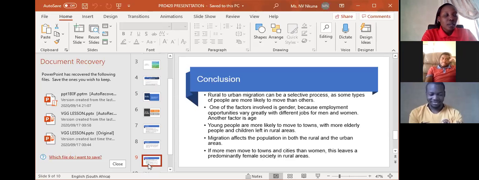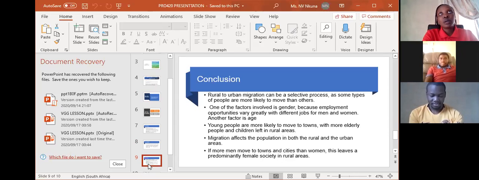As I've said, social benefits and services are a cause of urbanization because there are numerous social benefits attributed to life in cities and towns.